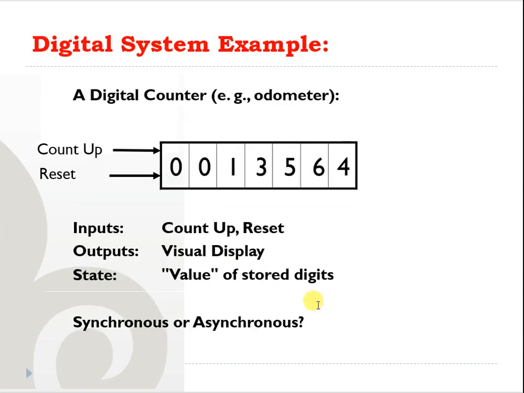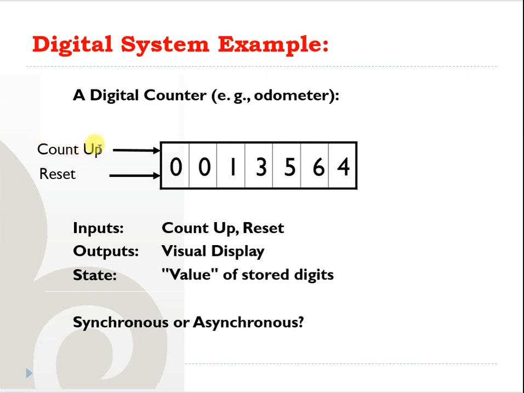Here we have an example of a digital system. I think if you go through it, you will guess whether it's a combinational digital system or a sequential one. So here we have a digital counter. The aim of using this digital counter is to count, let's say, the number of the items that have passed in front of a given sensor.